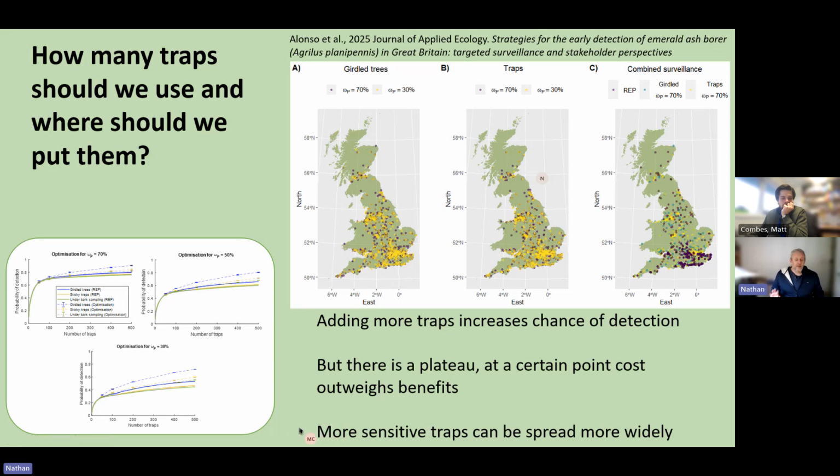So the sensitivity affects how we place the different surveillance measures through the country. If you can be fairly certain that you're finding things all the time, you can really spread out your effort and look widely across the country. If you have some uncertainty in your trapping process, then you want to put lots of effort into the high risk areas. And so we think similar things might apply with training. Where is it best to recruit people? Where is it best to direct people to look for pests and diseases?